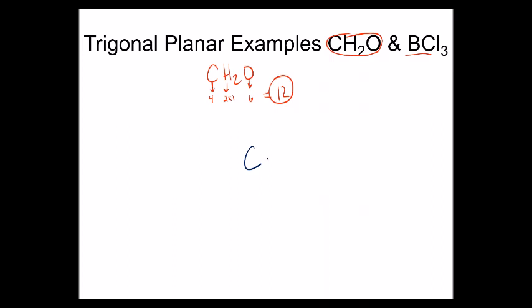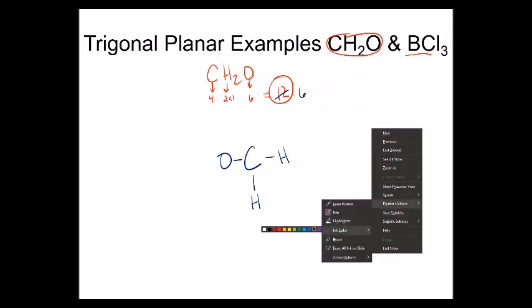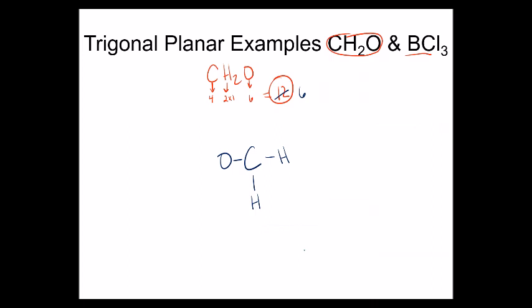Now I just populate the ligands, and you can draw them however you want to, but I always go clockwise. I just think it's easier. You don't have to, and it doesn't matter if you put the oxygen over here and the hydrogen over here or what. I don't really care. All right, so I've used 2, 4, 6, down to 6 now. Which ligands still need electrons? Only the oxygen.